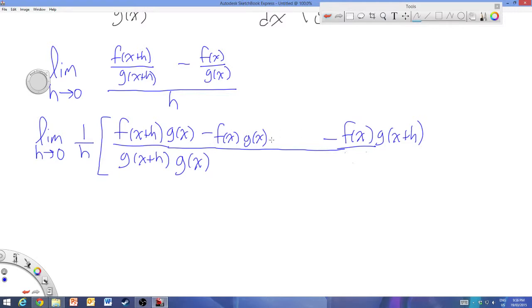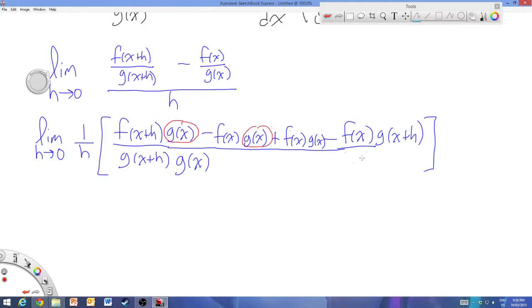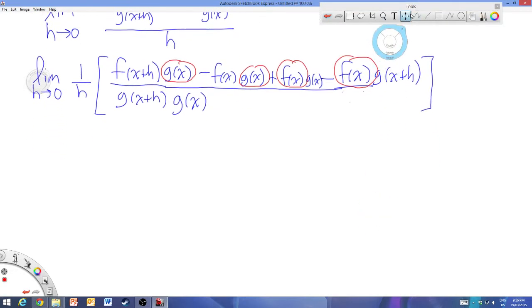If I subtract this, then I have to add the exact same thing on the other side. Much like before, there are some interesting things you should notice. For one, the first two terms share a g of x, and the second two terms both share an f of x. So now we can rewrite the numerator.